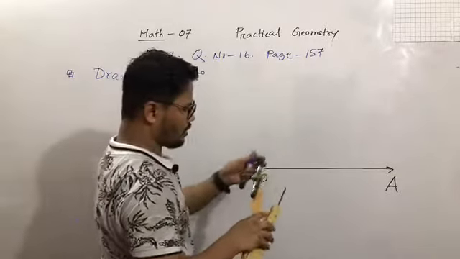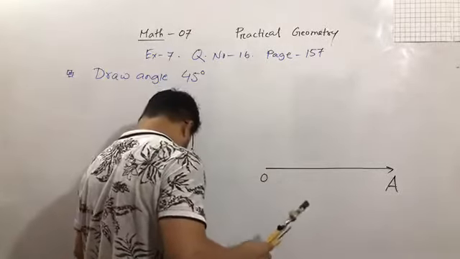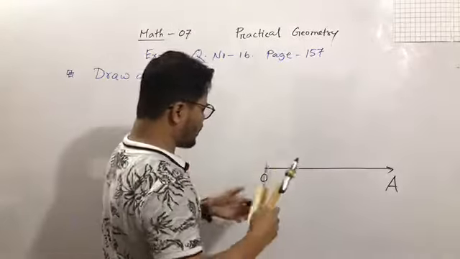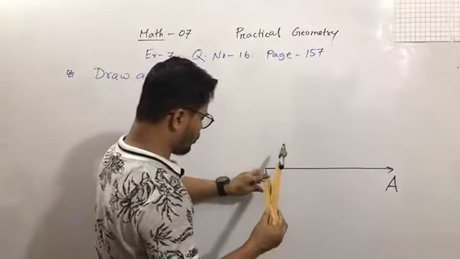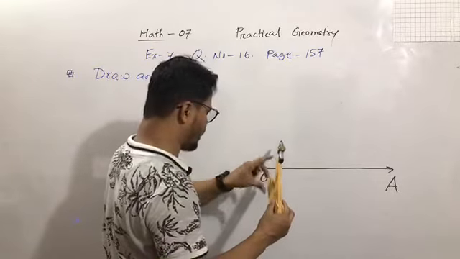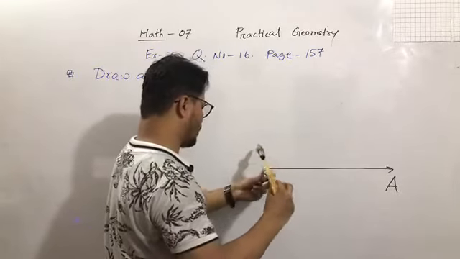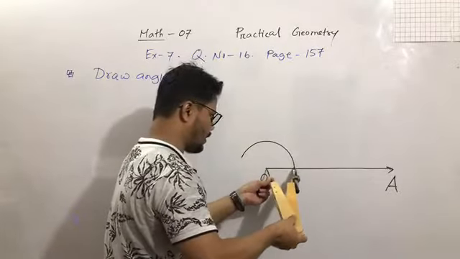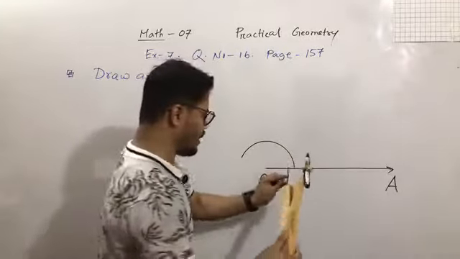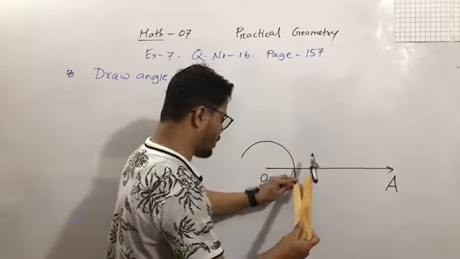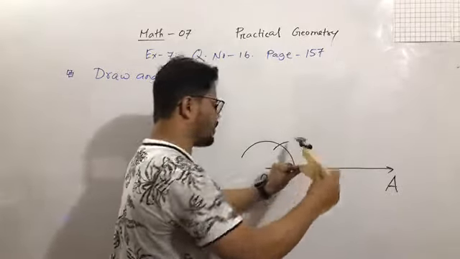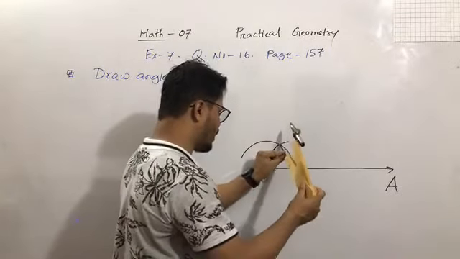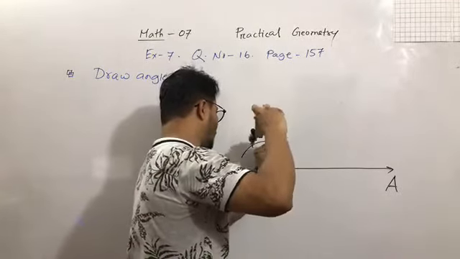Now placing the pointer at O, we will draw here 90 degree, taking any suitable radius, draw an arc, and taking the same radius, placing the pointer here, draw another arc on the previous arc, and taking the same radius, placing pointer here, draw another arc.